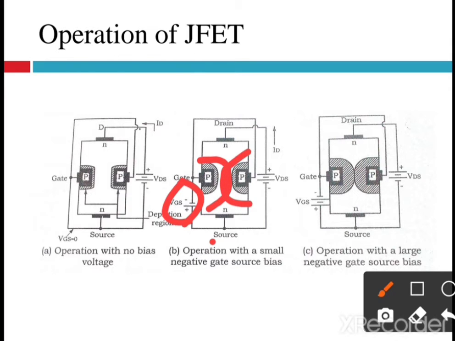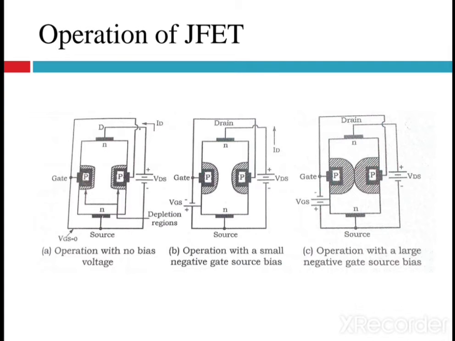You can see in this diagram the area of the depletion region is comparatively more than the first diagram, because the reverse voltage applied across the gate source junction is more compared to the first condition, and this will reduce the channel width further.